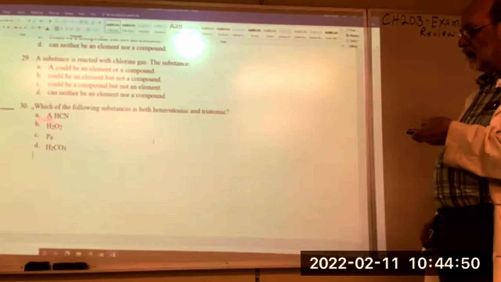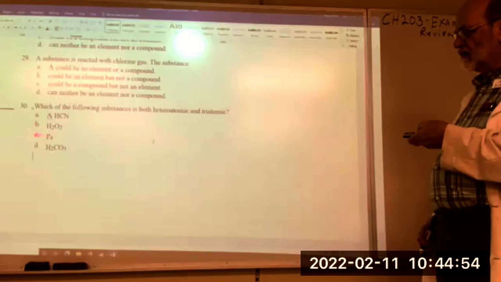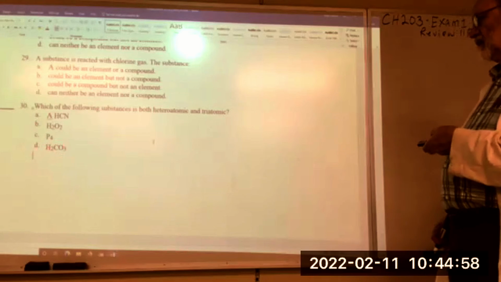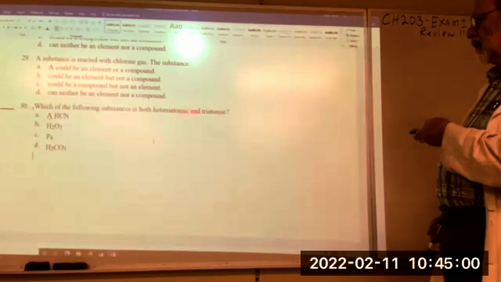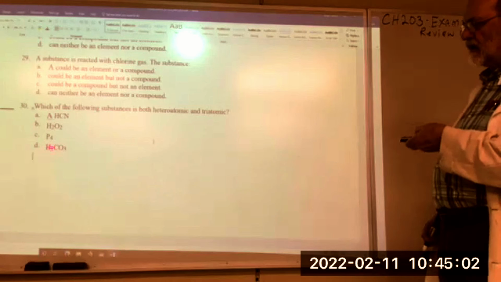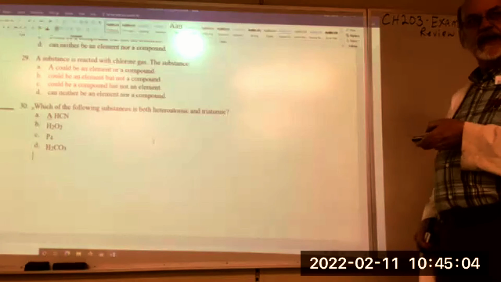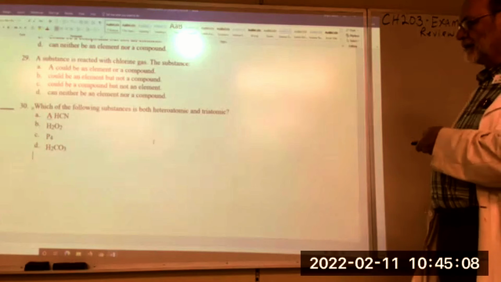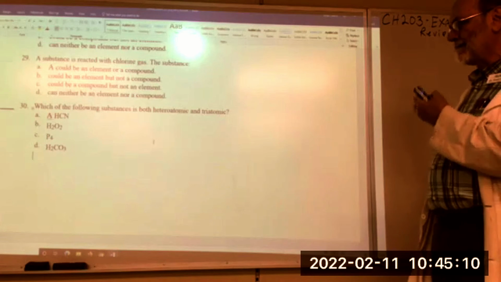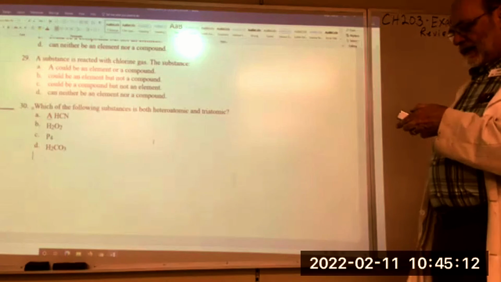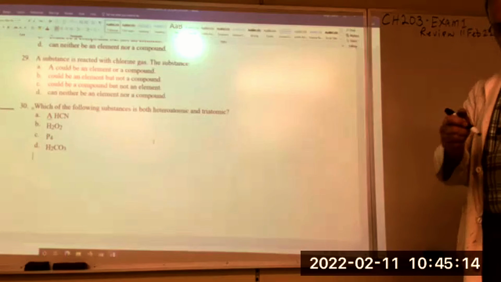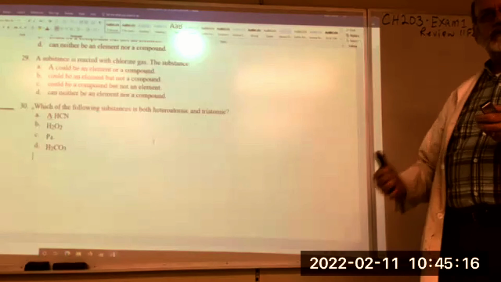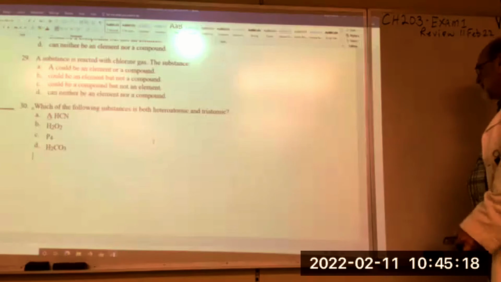This is diatomic. This was monatomic. And that one is triatomic. No, it's not triatomic, excuse me. It's 2, 3, 6, hexatomic. 6 atoms. Okay, any questions? Concerns? Okay.